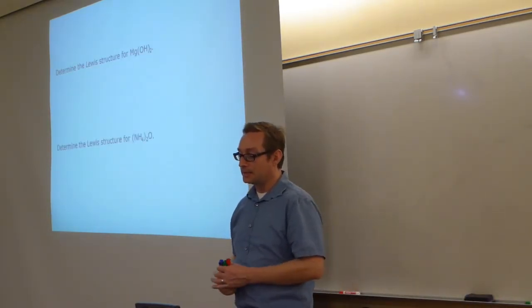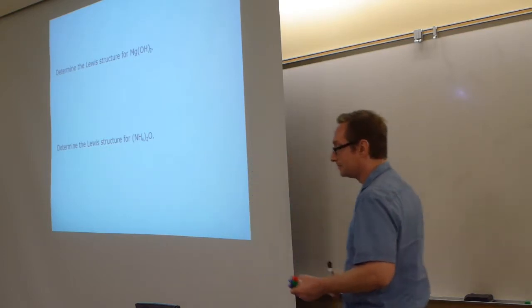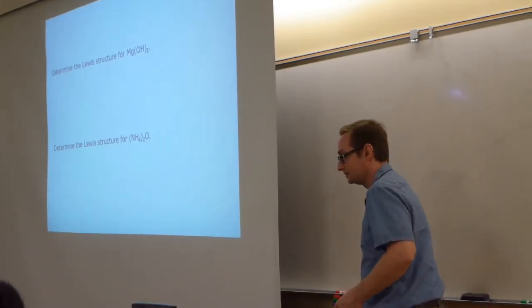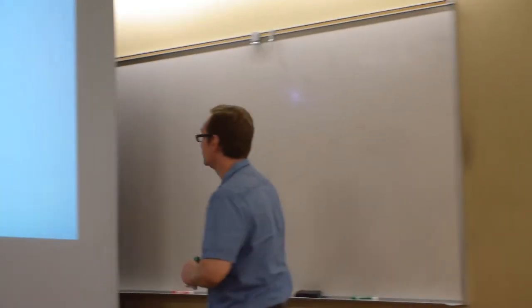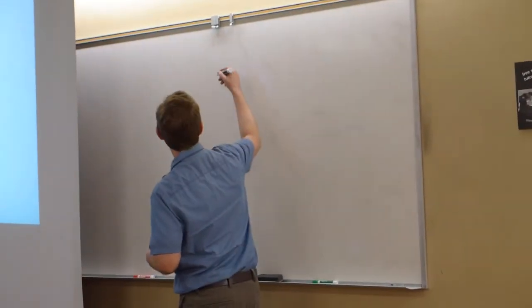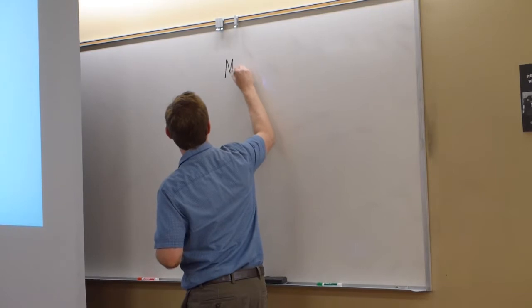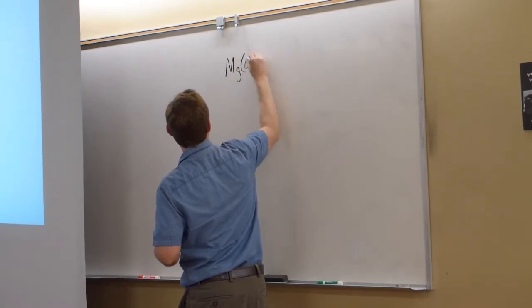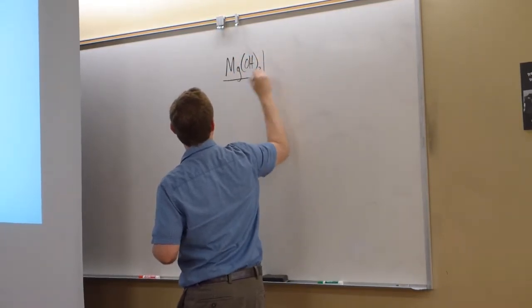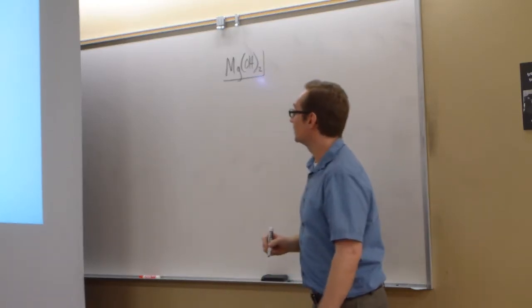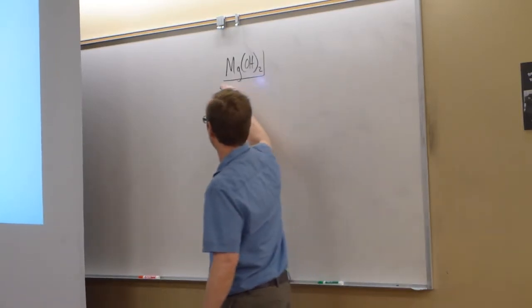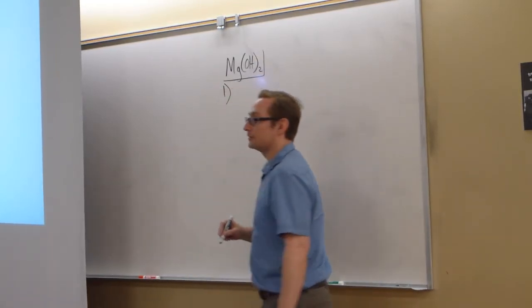All right, here we go. Determine the Lewis structure for magnesium hydroxide. What's the first step? Is it ionic or covalent?